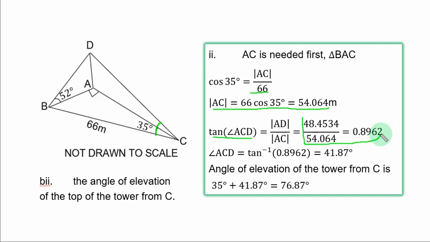To get angle ACD, you check the inverse of tangent of this value. That is, angle ACD is equal to inverse of tan or arctan of 0.8962, and that gives 41.87 degrees. Therefore, the angle of elevation of the tower from C is 35 degrees plus 41.87 degrees, and that is 76.87 degrees.